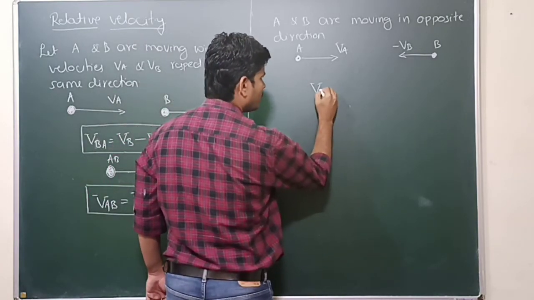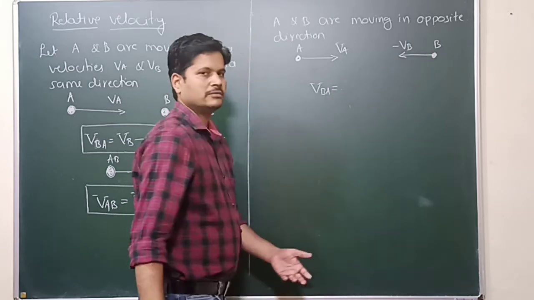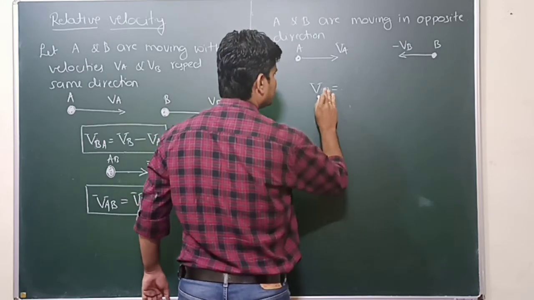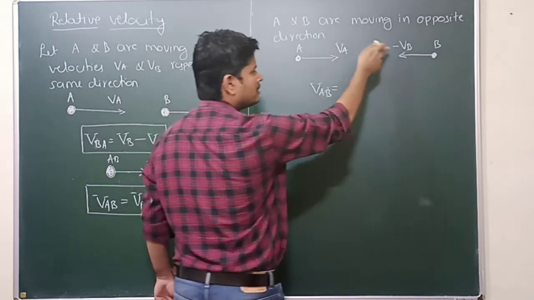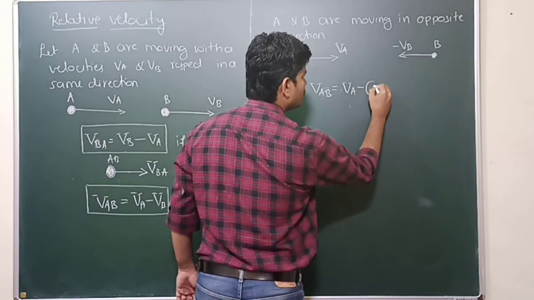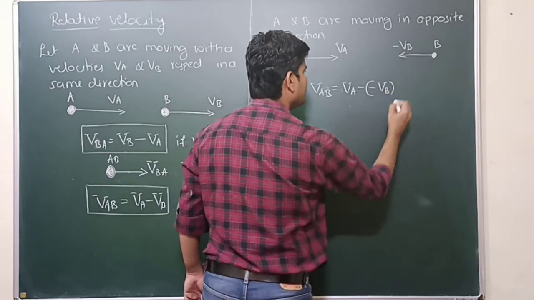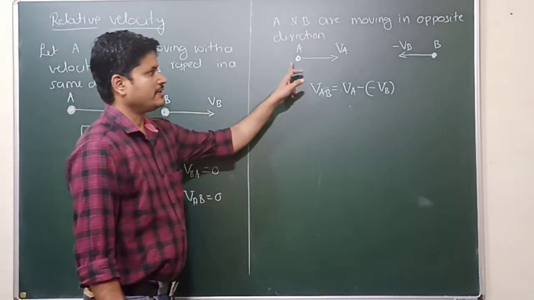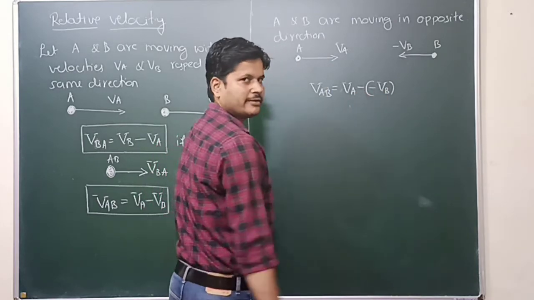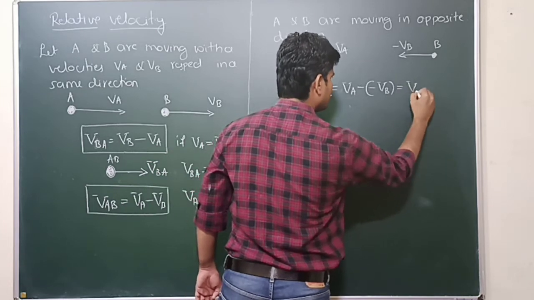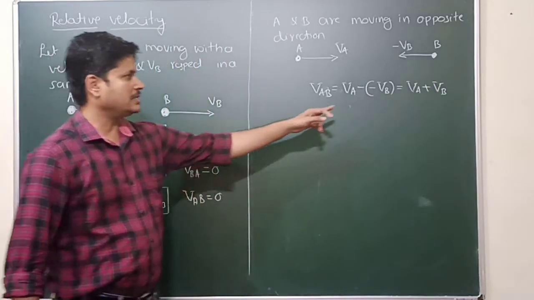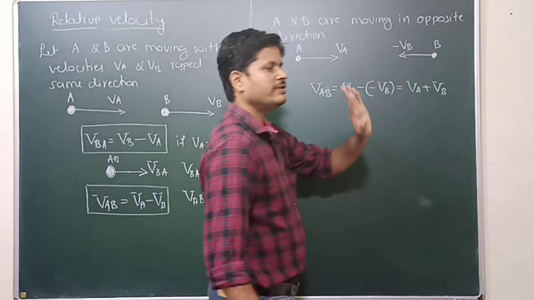If you want to write velocity of A with respect to B, it is VA minus of minus VB, that is VA plus VB.